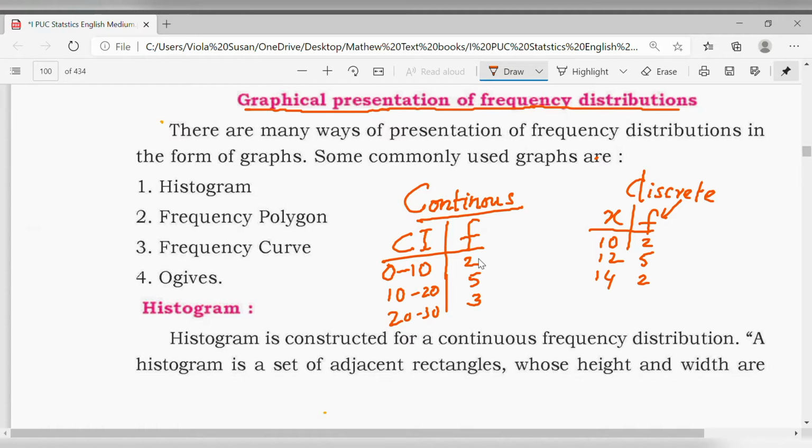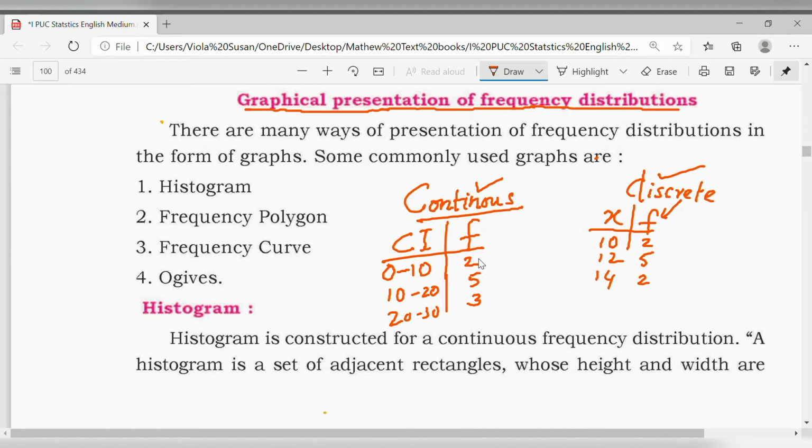I wanted you all to understand this, that the frequency distribution, when we come across it, is all the time either a discrete one or a continuous frequency distribution. Either of them will be there, students. Whenever we come across graphical presentation, it must be frequency distribution only.